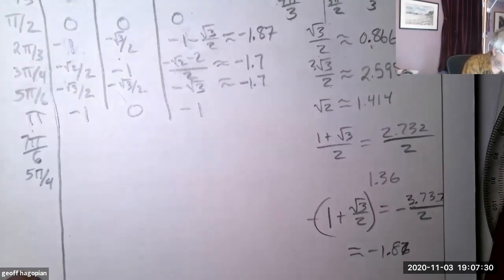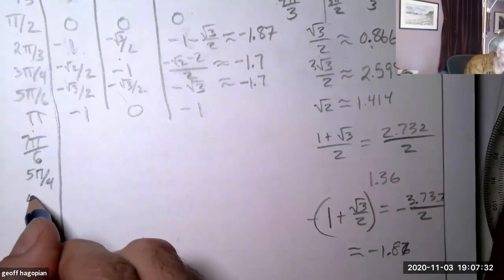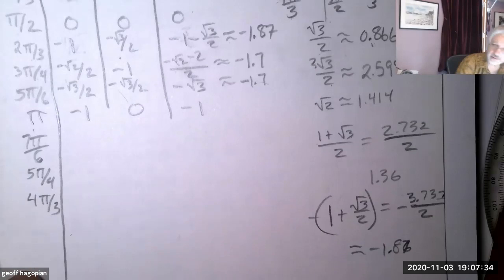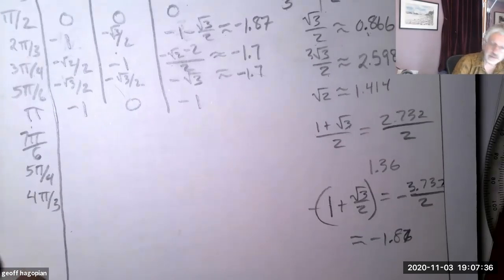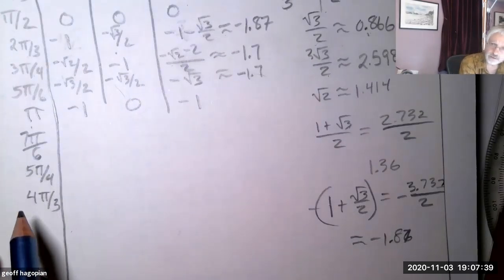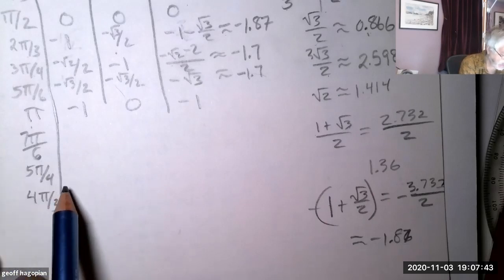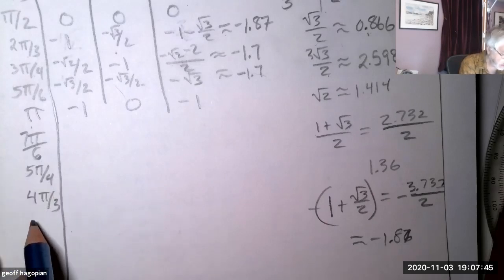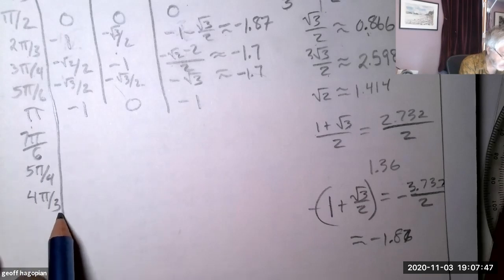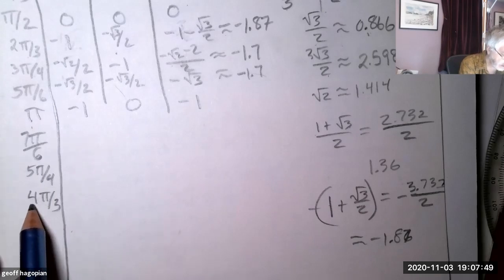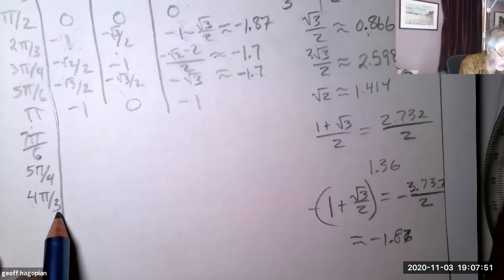Okay. 4 pi over 3 is next. It's a little disorienting the way these fractions reduce, isn't it, right? That's why I try to stick to over 6 or over 12 and then reduce, right? So this is what, 16 pi over 12 or 8 pi over 6, right?